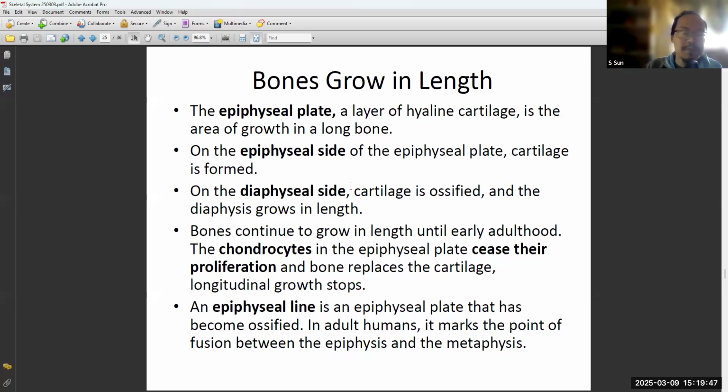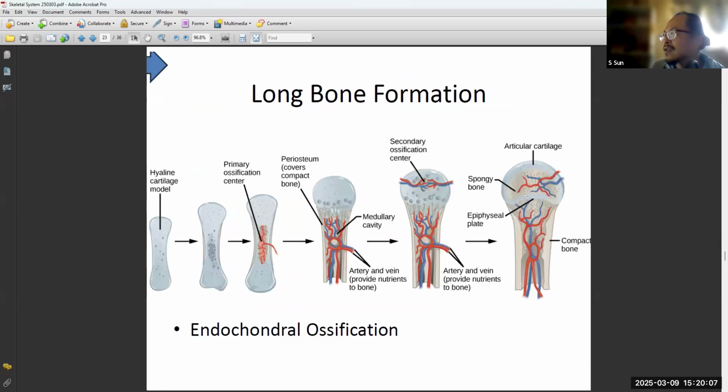In the end, because we have two ossification centers, they will limit the range where these chondrocytes can grow. And in the end, these chondrocytes can only grow in a region called the epiphyseal plate. So it's right here. Because we have two ends of ossification, chondrocytes can only grow in this region called the epiphyseal plate. And this epiphyseal plate will keep on growing. When they keep on growing, the bone will keep on lengthening.